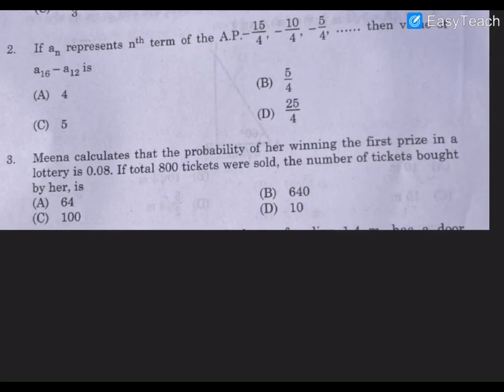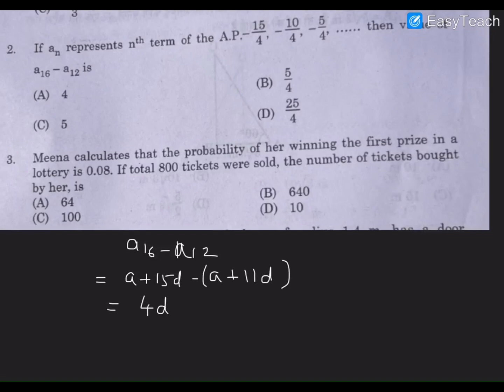Next question, nth term. If an represents the nth term of the AP minus 15/4, minus 10/4, minus 5/4, then find the value of A16 minus A12. A16 minus A12 is equal to A plus 15D minus A plus 11D, which gives you 4D, and you have to calculate the D. So D is what?